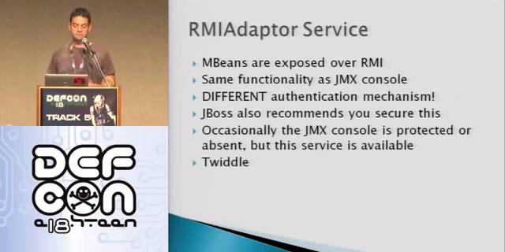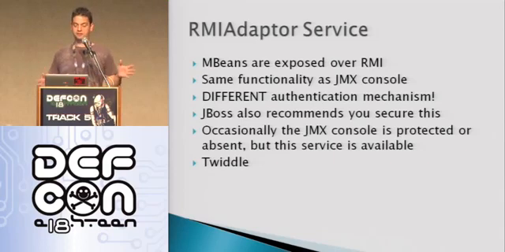One other quick thing first. So that was the JMX console. There's also a bunch of different services that allow you to, again, interact with the MBeans in a variety of ways. So there's a service, the RMI adapter service. That's just a network-based service, not a web-based service.